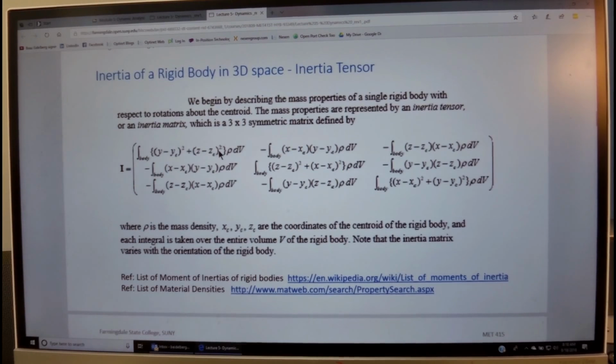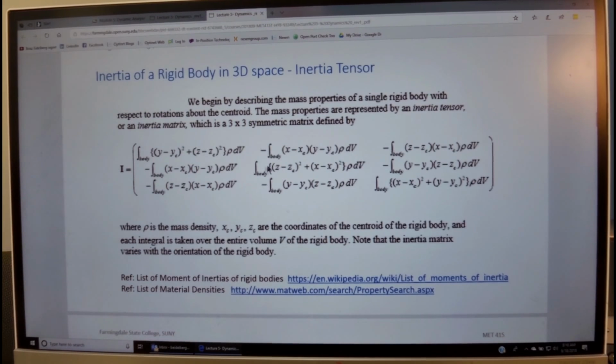This is the hypotenuse, and the square is the distance to the x-axis. Similarly, this is the distance to the y-axis, and this is the distance to the z-axis squared. And these are the principal moments of the rigid body in the XYZ coordinate system.